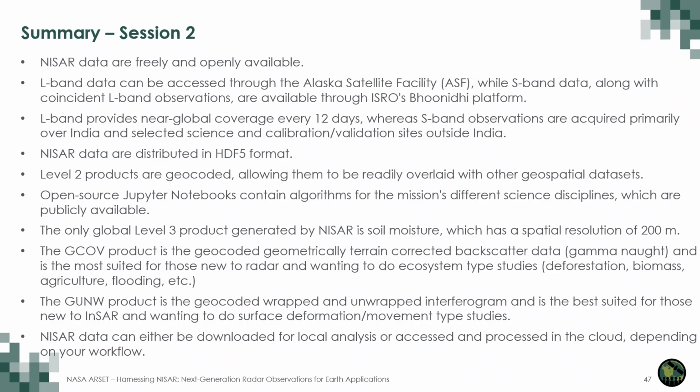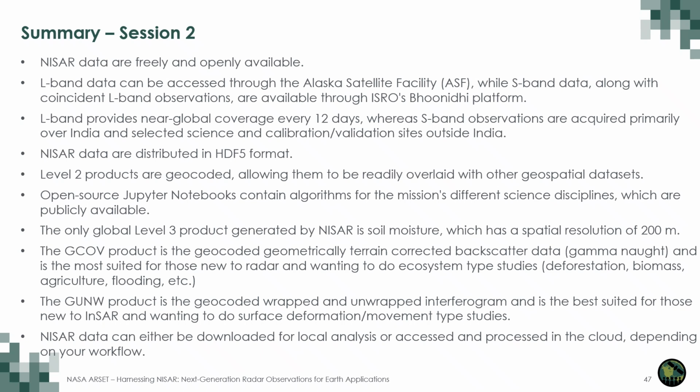of 200 meters. The GCOV product is the geocoded, geometrically terrain-corrected backscatter data in gamma naught, and it's the most suited for those new to radar and wanting to do ecosystem type studies.